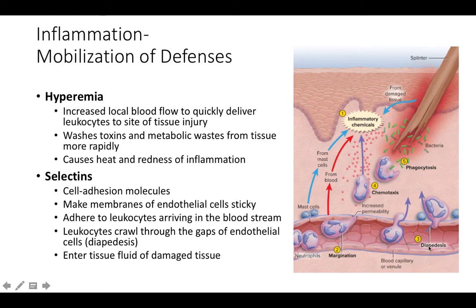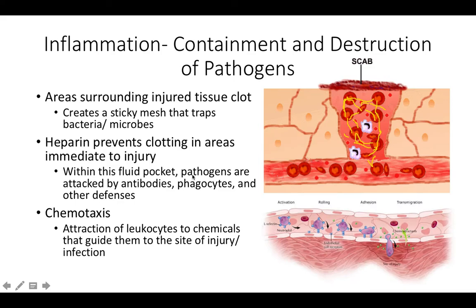And that is called diapedesis. Okay, so that's what we see here. So selectins cause the leukocytes to stick to the endothelial cells so they can slow down and crawl through these endothelial gaps. So that's called diapedesis. And then they enter into the tissue fluid of this damaged tissue.